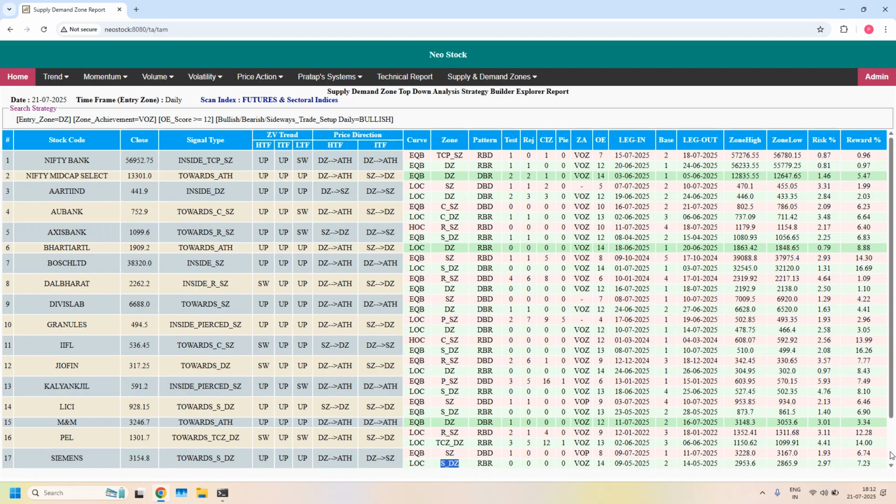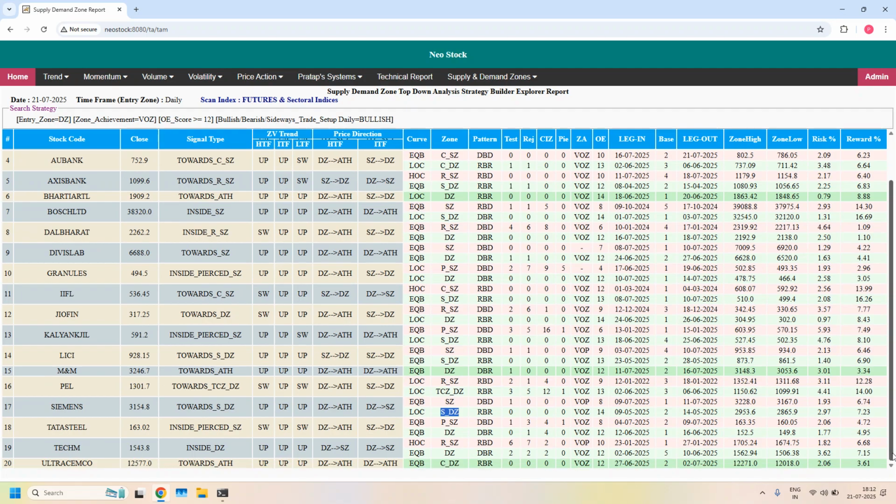Okay, I am scrolling the list down. Total 20 stocks are filtered. All these 20 daily demand zones are supporting bullish trade setup for monthly income trade. Entry time frame zones are all these daily demand zones.